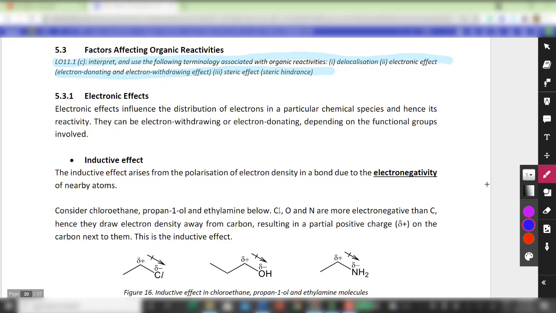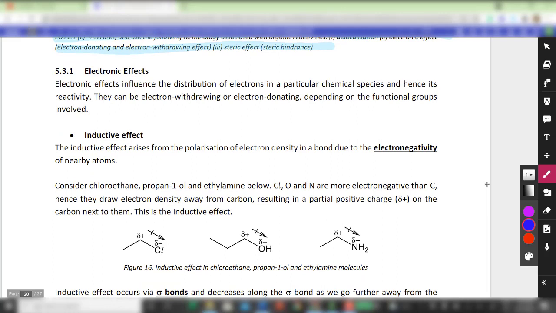Now I wanted to emphasize that for electronic effect, usually we are dealing with how the presence of a certain group will affect the distribution of electron density around a chemical species and how it gives rise to its unique reactivity, which could either be enhanced or diminished.